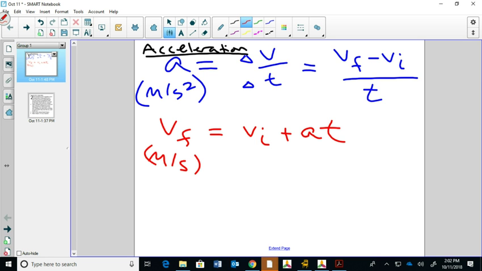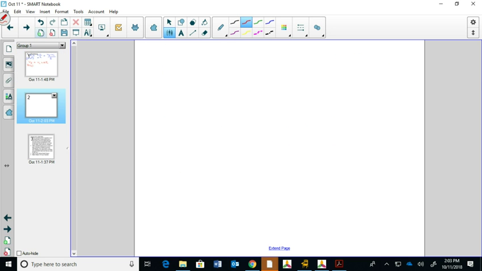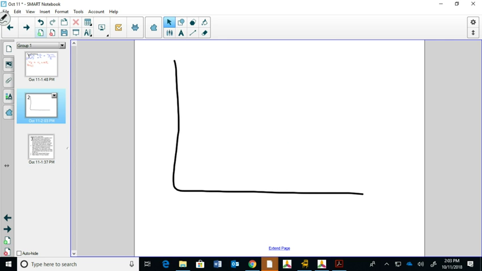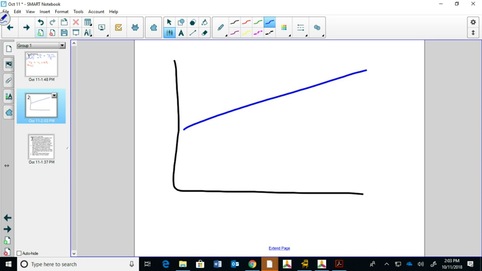Your textbook in 3.2, if you want to flip over with me to page 71, there's a nice graph there that looks something like this. We have this car that's accelerating, and we want to calculate the displacement.